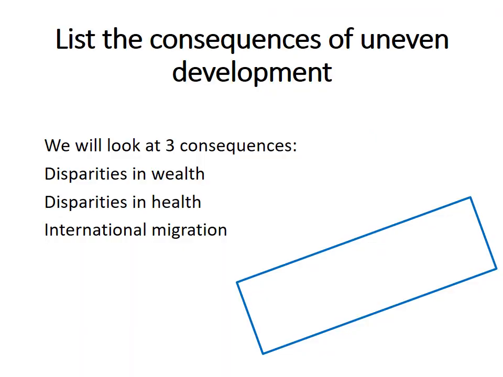so we're looking at these three consequences of uneven development, and the consequences are there's a disparity in wealth, a disparity in health, and we have international migration. So what does this word, disparities, mean? Have a think about what you would understand that as meaning.